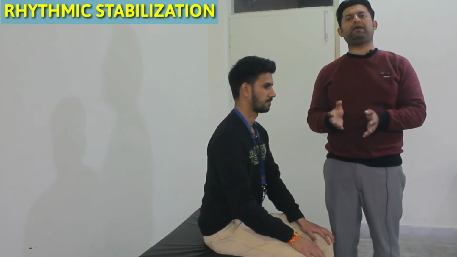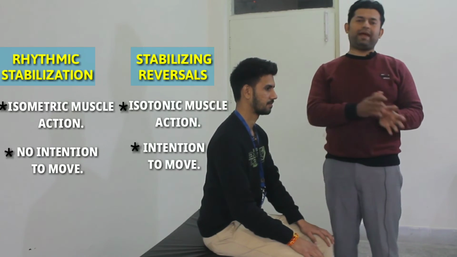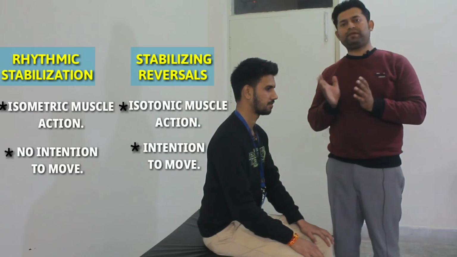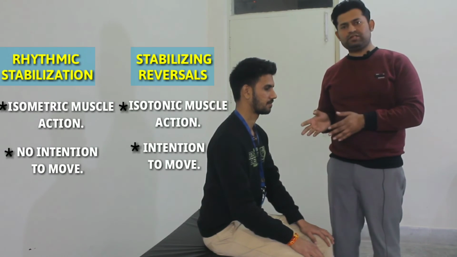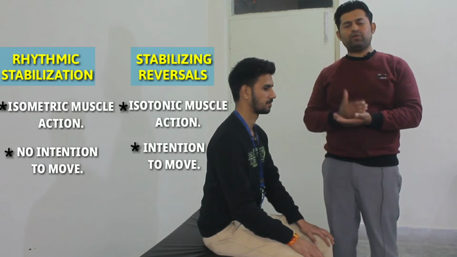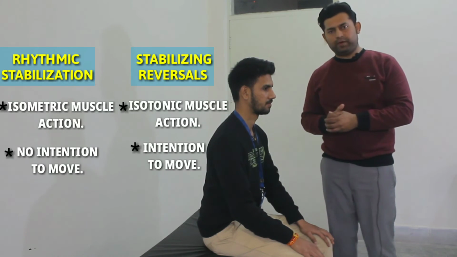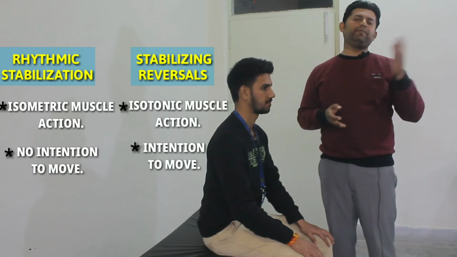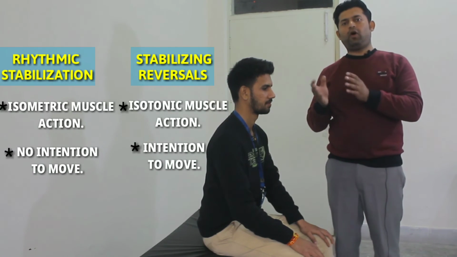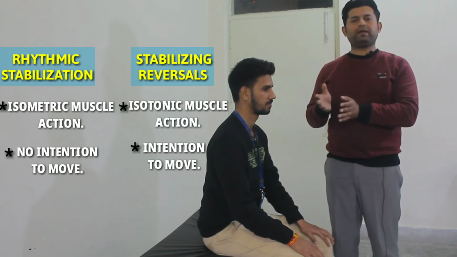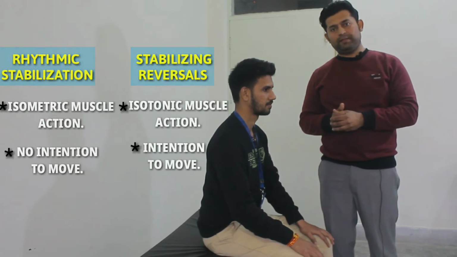Good. Now the third subcategory of reversal of antagonist is known as rhythmic stabilization. Now there is not much difference between rhythmic stabilization and stabilizing reversal, except that in rhythmic stabilization, alternating isometric contractions of the agonist and antagonist are produced, whereas in the stabilizing reversals, alternating isotonic stabilizing contractions were being produced.